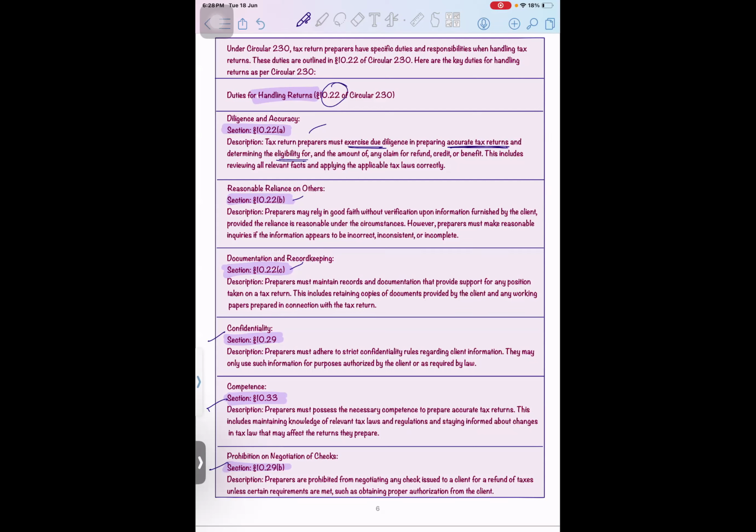In our normal day-to-day work on tax returns, we don't have that much time to check each and every accuracy. This accuracy and diligence they are talking about is just the truthfulness of the information given by the client.